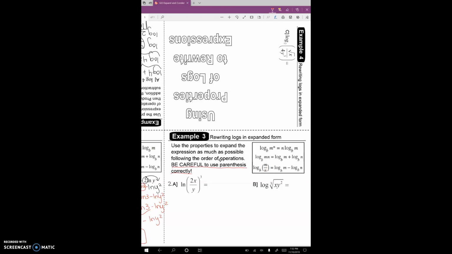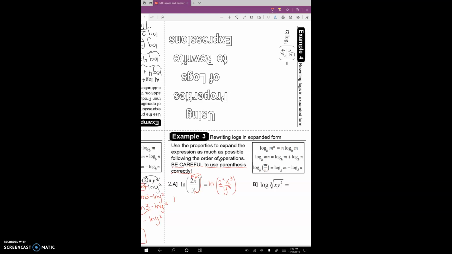We're going to be doing pretty much the same thing, following the order of operations. So just to make my life a little easier, I am going to distribute the 3. So I have 2 to the power of 3, x cubed, y cubed.